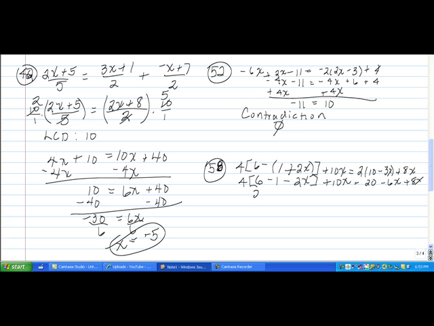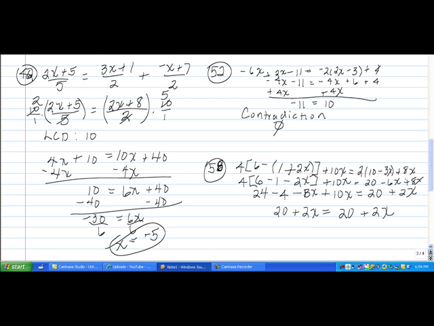So here we're getting 24 minus 4 minus 8x plus 10x. Okay, so I'm getting 20 plus 2x equals 20 plus 2x.